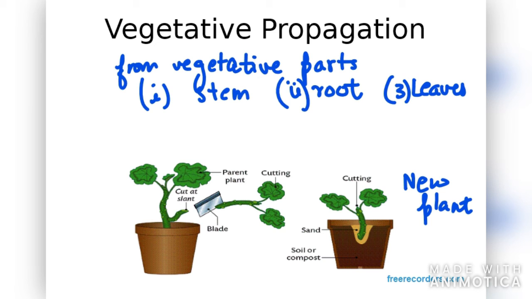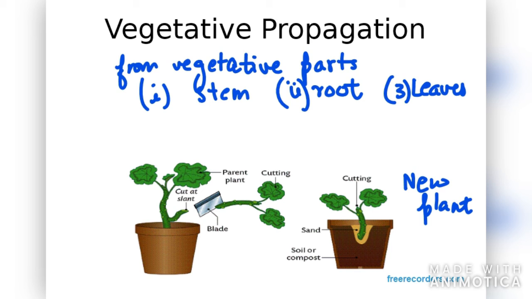This is actually an artificial method, where we cut a part of a plant and sow it into new soil, and there we have a new plant. So it is a very quick method. This one is the artificial one. By using grafting, cutting and layering, we make new plants by this method of vegetative propagation.